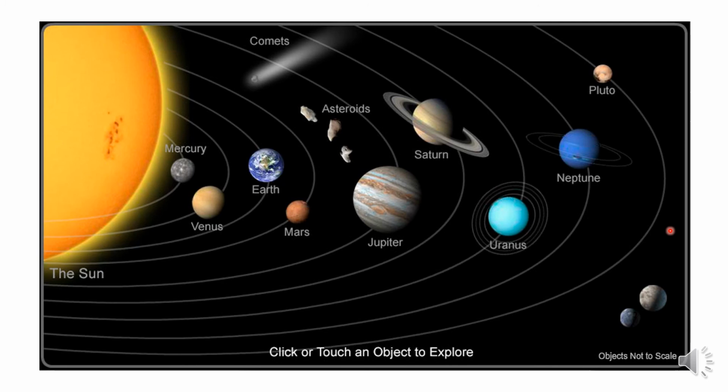So dwarf planets haven't cleared their orbits of small objects. Asteroids then are objects which are in orbit around a star, but they're too small to be regular sized, and they're too uneven. They're not spherical, they're lumpy and bumpy, and they're small.